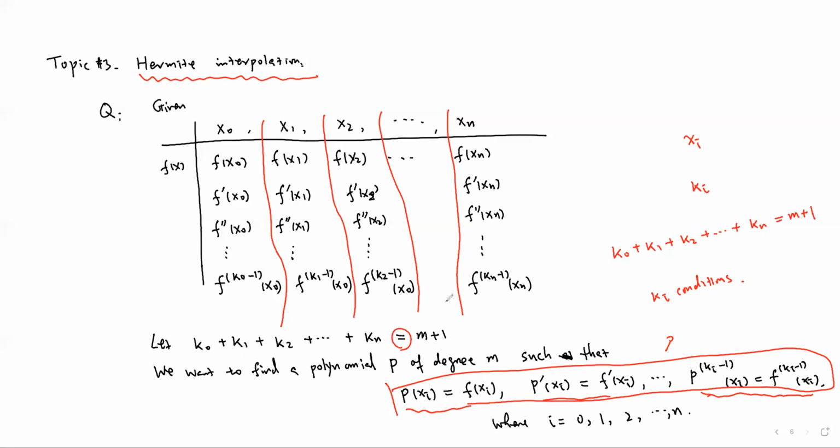This is a Hermite interpolation polynomial. The first theorem is about the interpolation polynomial. It is unique and it exists. Theorem 1 in this topic.